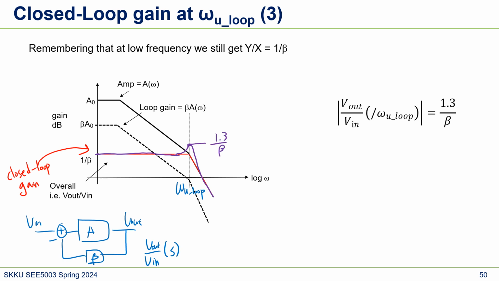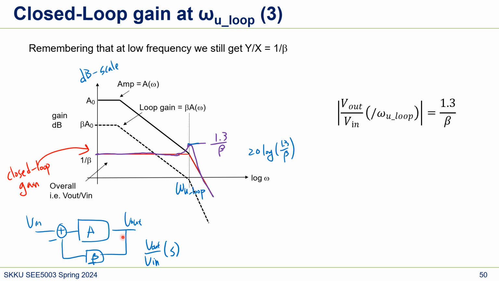Of course, this is a dB scale, so we have to put everything in dB, but just in case. So what I mean is, this peak is actually about 20 log of 1.3, but you see what I mean, right?